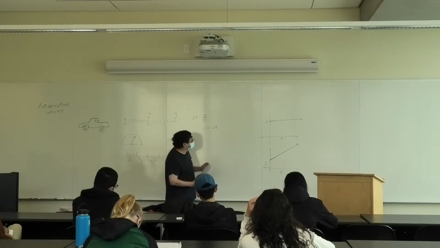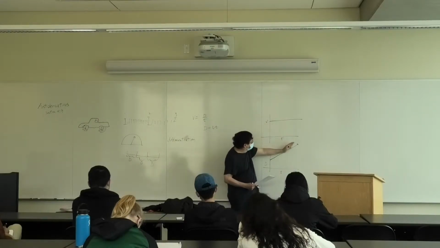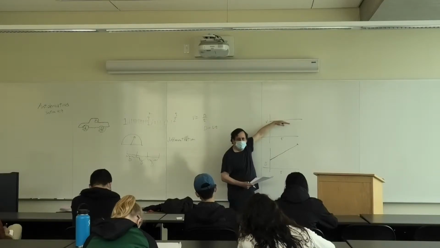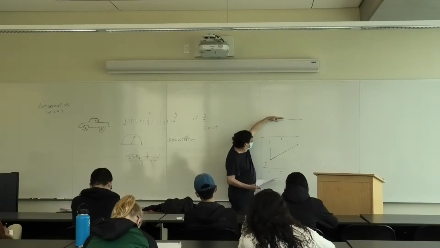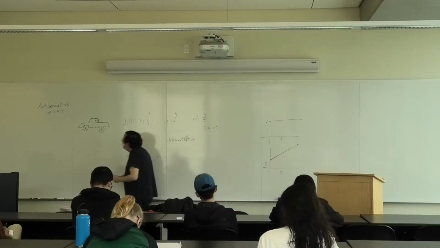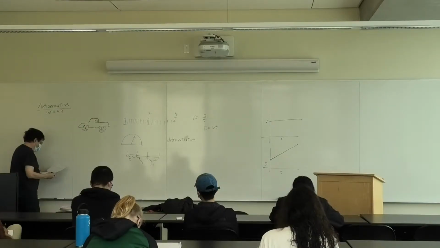So, since going from here to here is differentiation, for the time being we're going to give the name of going from the velocity to the distance antidifferentiation, or finding an antiderivative.